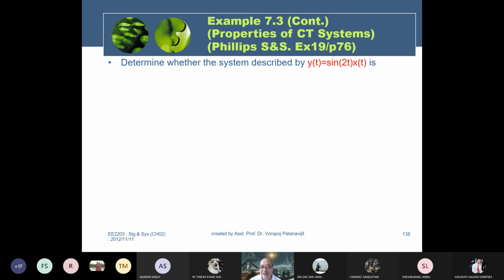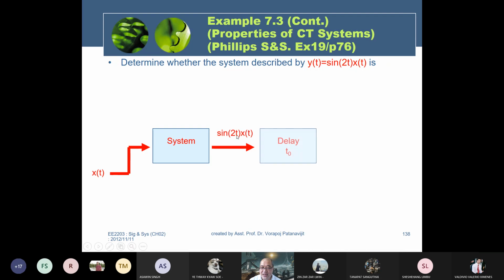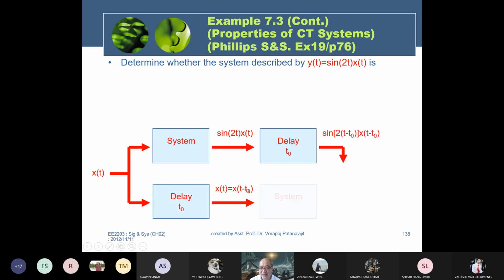Next, checking whether the system is time invariant or not. You must process them first. If you feed x(t), you get psi(2t) x(t), and you shift every t by t naught. Or you shift the input first, shifting every t by t naught, and then process it.